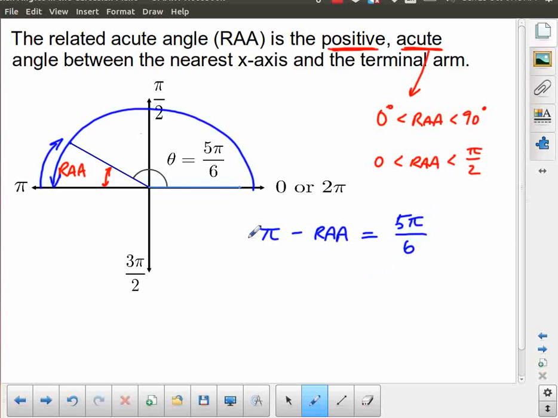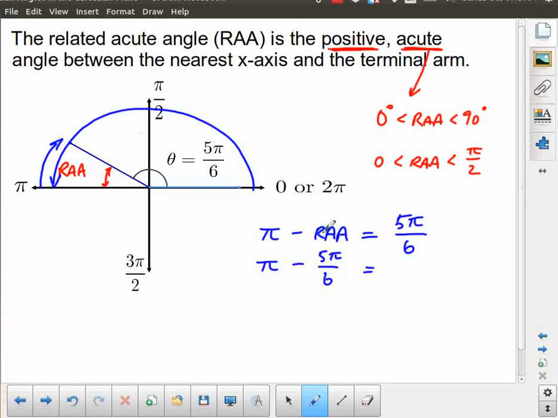But although that is technically correct, you might find that to be a bit of an awkward way of expressing this. Now let's just go ahead and finish this off. I want you to see that this does work. So if this type of logic works for you, then that's terrific. I'm going to leave the pi over here. I'm going to bring this 5 pi over 6 over, which means it becomes negative 5 pi over 6.